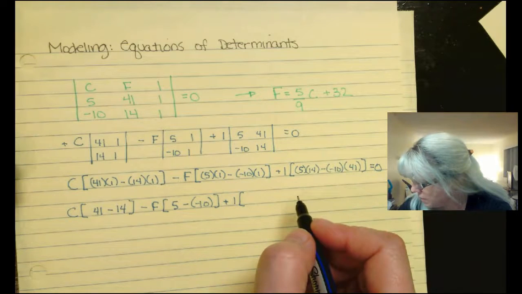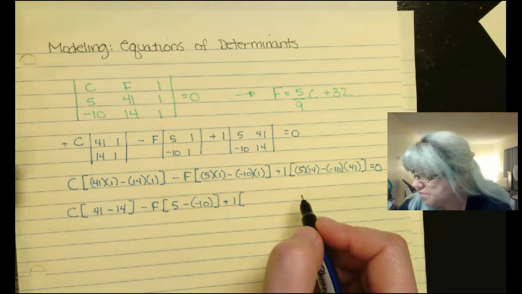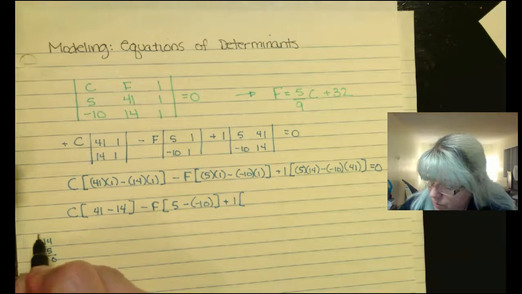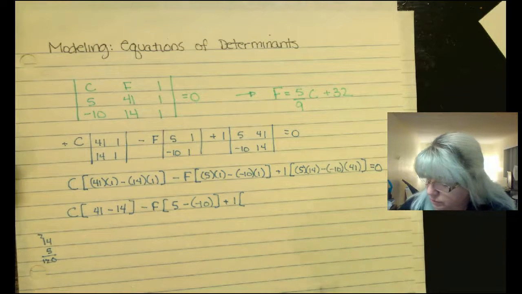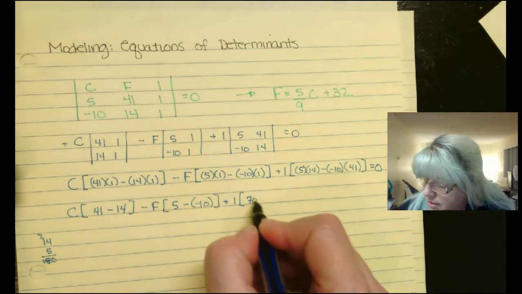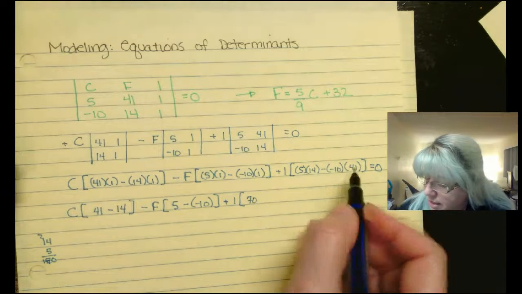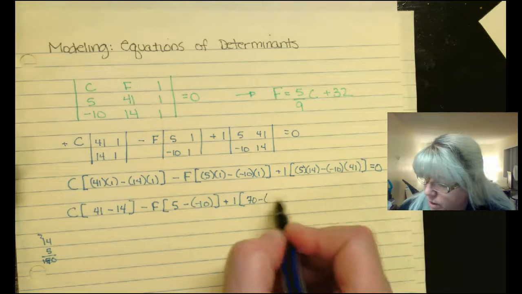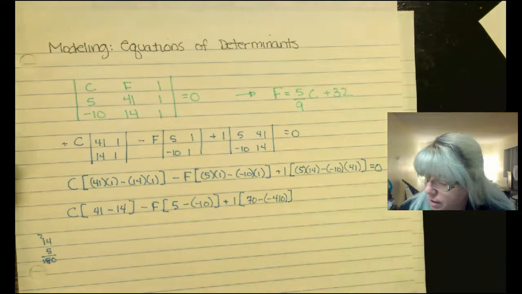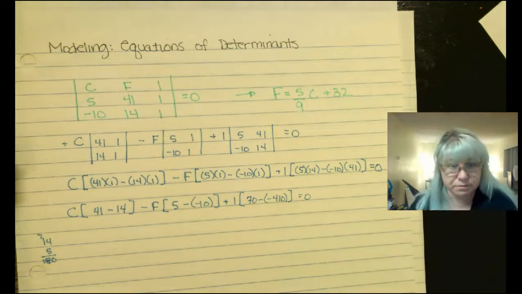Let's see, 14 times 5, no, 70. And negative 10 times 41 is negative 410. All of that should equal 0. Right?